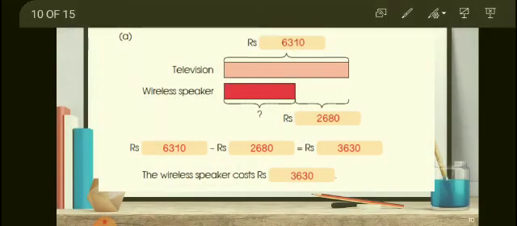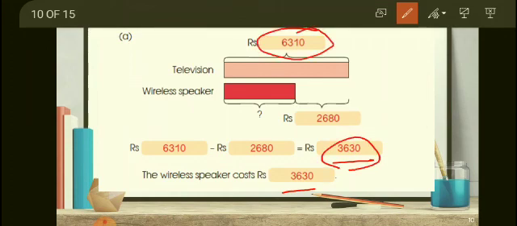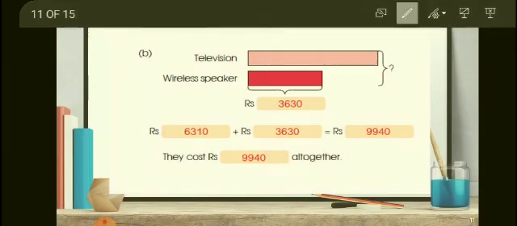Now students, see, after subtracting both amounts, you get 3630, which is the cost of a wireless speaker, and in part B you will add this amount with this amount, and you will get the money altogether. See, like this, it will be 9940.